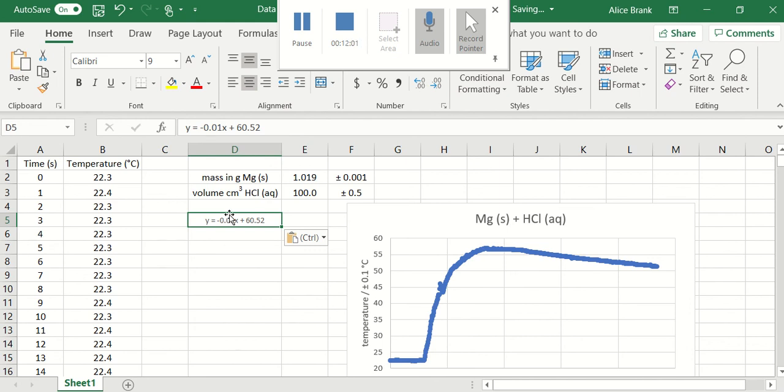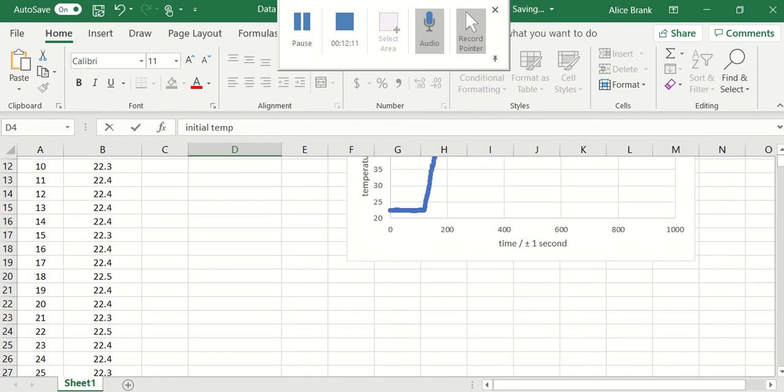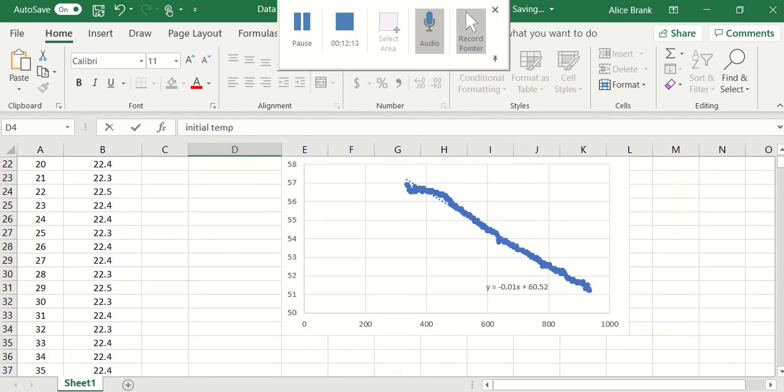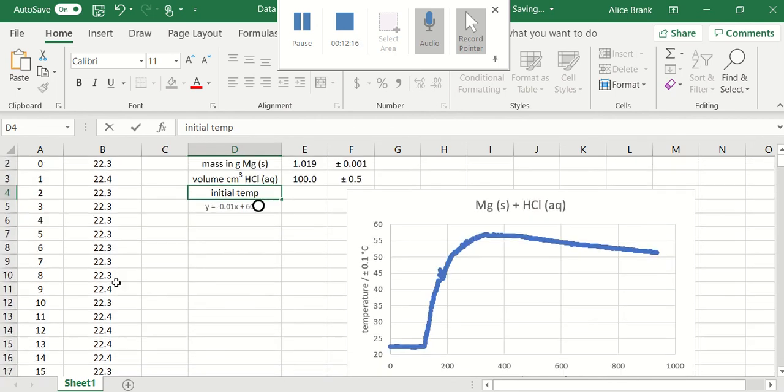What's my starting temperature? You can average those, or I'm going to go 22.4. That's 23, some 22.3.